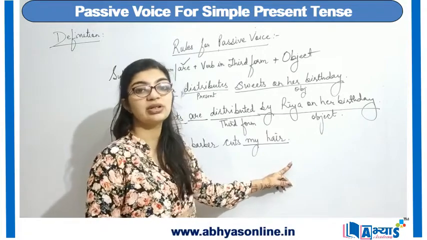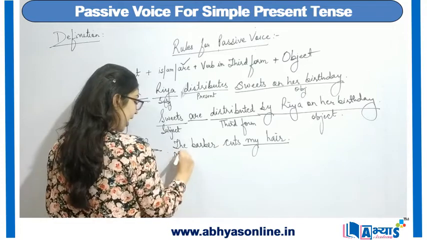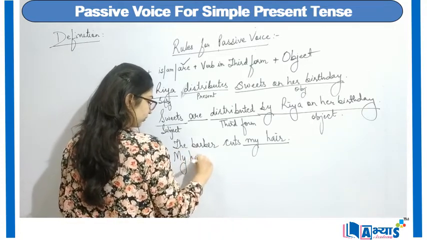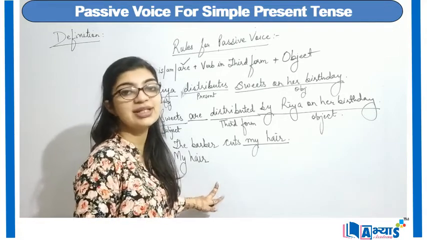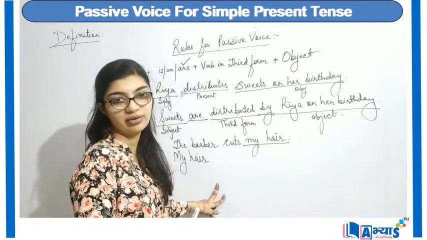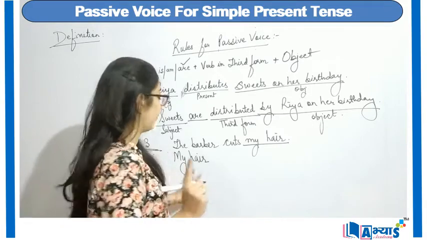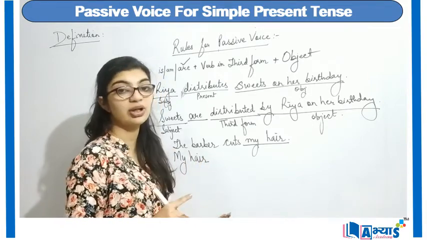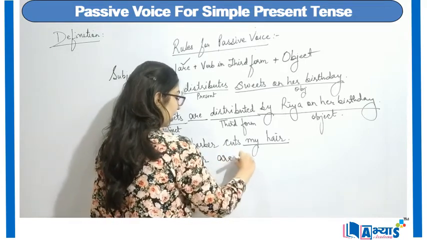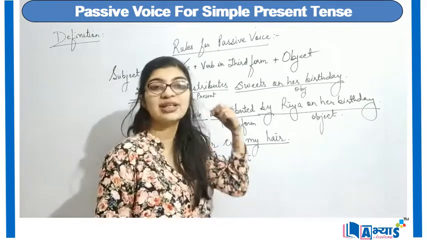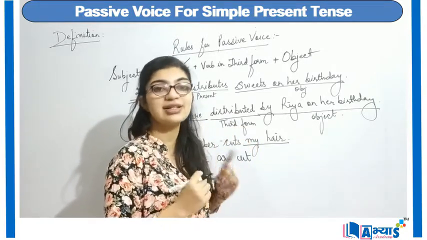It gets converted into subject in passive. So, my hair. Now, hair can be is, hair can be are. I want to get a haircut, right? My hair are cut. It is not just a single strand of hair, but more than one strand is cut.